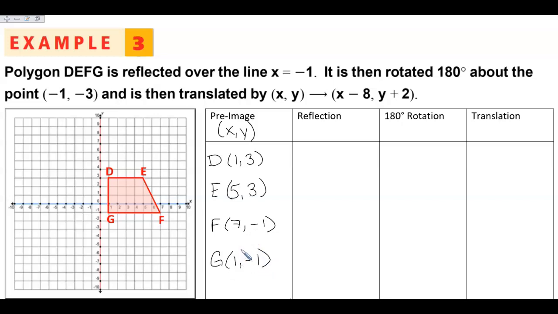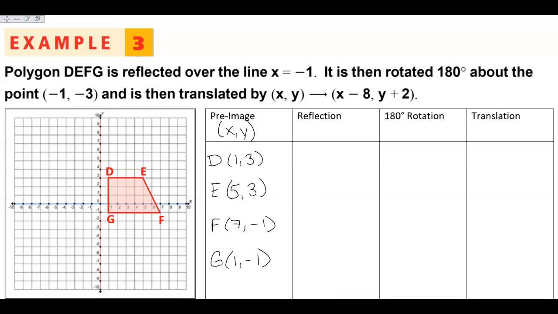So we're going to start by reflecting over the line x equals negative 1. So when I'm reflecting over the line x equals negative 1, again, it's not one of our ones that we have a point for. So we are going to start just by graphing that line. Now, because it is an x equals, we know that we are going to have a horizontal line.